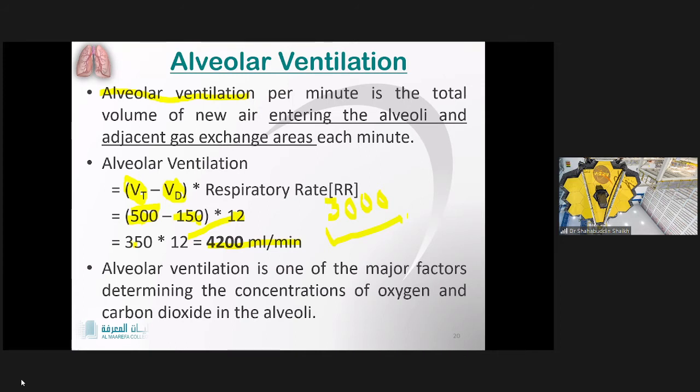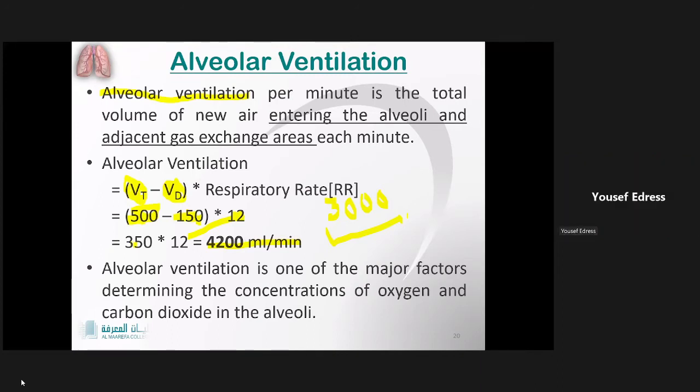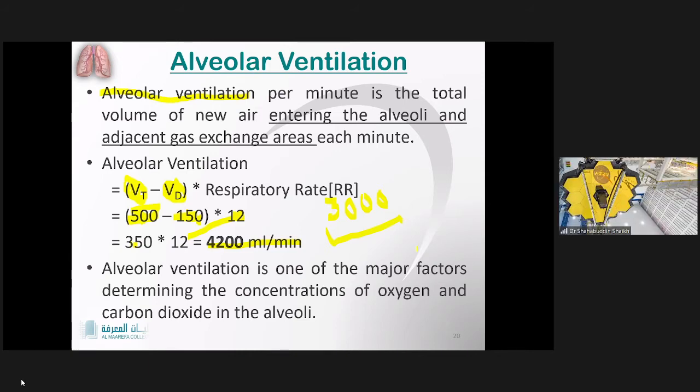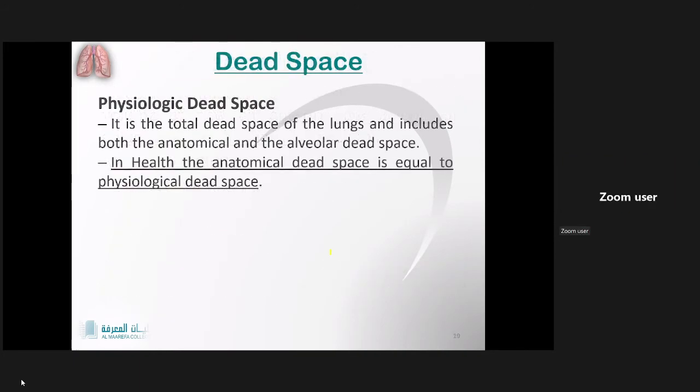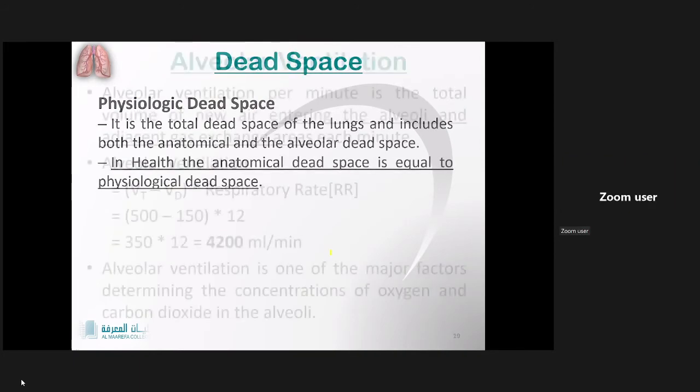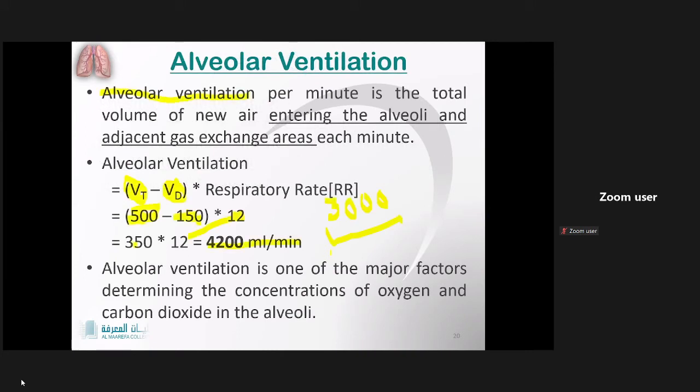Can you say this sentence in Arabic for me? Yusuf Idris? When we calculate alveolar ventilation, we subtract the dead space from the tidal volume. Thank you, Yusuf. Please remember, everybody. Any question here? No question?